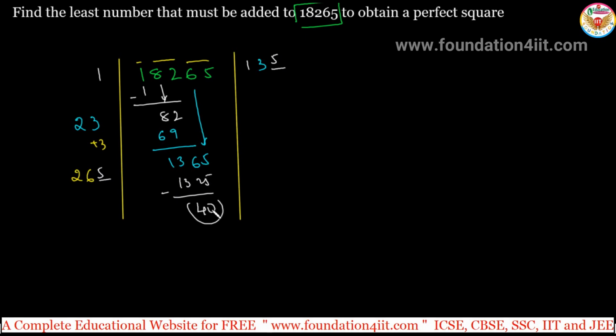40 extra we got. Hence for the required number, actually 135 only we should take. That means the number is greater than 135 square, because we got a remainder.